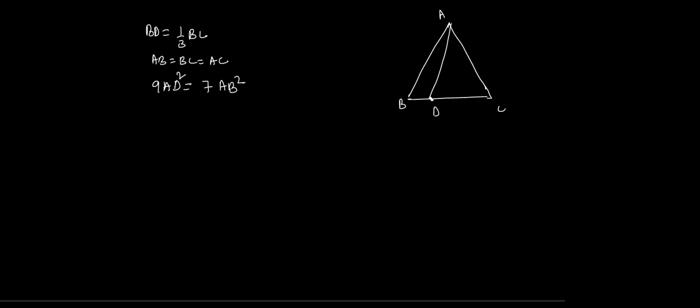Okay, let me help you, beta. So this one is a question. This one is BD, and this one is actually X. Let us assume that we are drawing here AE, and that is perpendicular to this one.